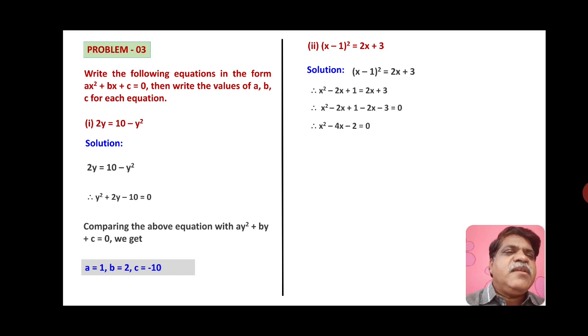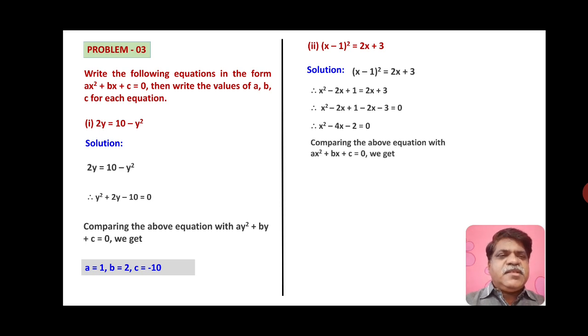We will simplify. Therefore, x square minus 4x minus 2 is equal to 0. Minus 2x minus 2x is minus 4x, plus 1 minus 3 is minus 2. Comparing this equation with x square plus bx plus c is equal to 0, we get that a is equal to 1, b is equal to minus 4, c is equal to minus 2.